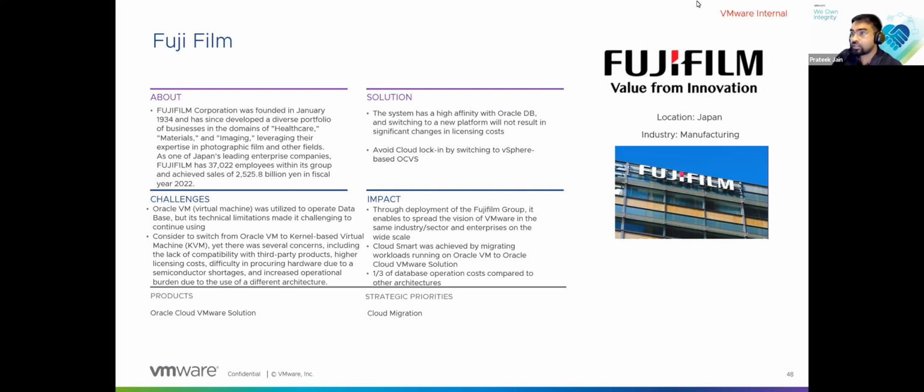So what they did was move their workloads from Oracle VM to OCVS, and they reduced their database operation cost by a third. They were able to operationalize their workloads and do more visible management of their workloads with OCVS.